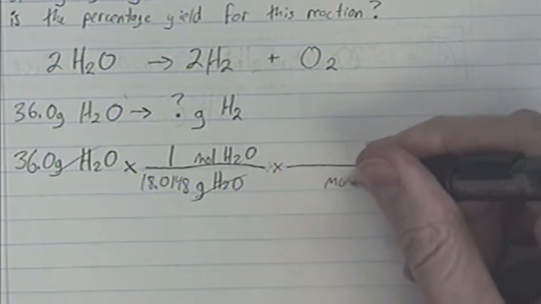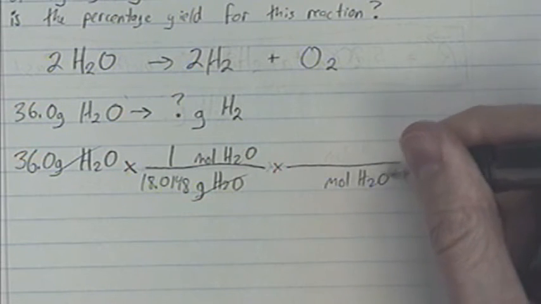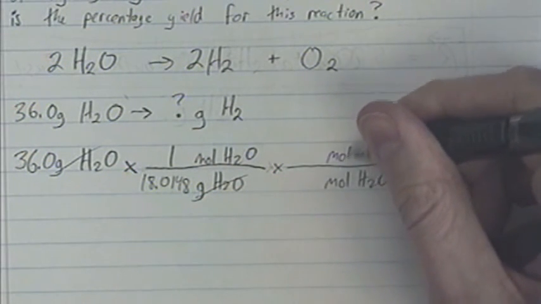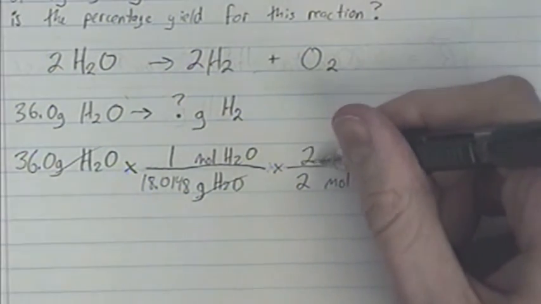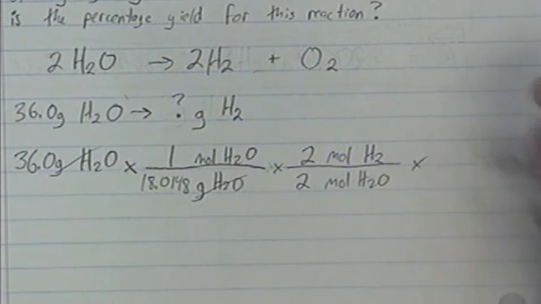Now we need to convert that from moles of H2O to moles of H2, the substance we're asked about. From the balanced equation up top, I can see that for every 2 moles of water we have, we end up with 2 moles of H2. And lastly, we need to convert from moles of H2 to grams of H2.